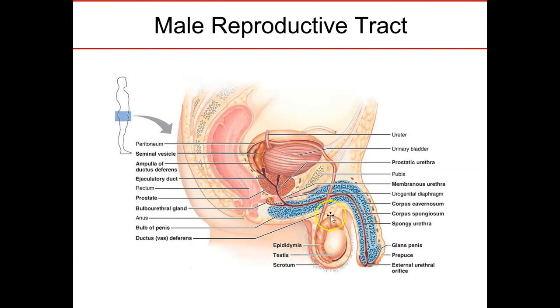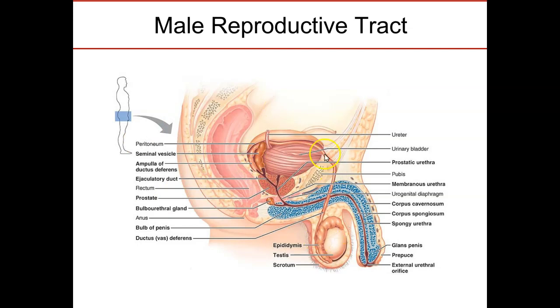So here's my epididymis, so testicle, epididymis. Here's my ductus deferens or vas deferens, so that comes up through the cords into the groin, into the pelvic cavity, comes all the way around behind the urinary bladder, and then it ends at this thing called the ampulla. It's just like the wide area where it ends.